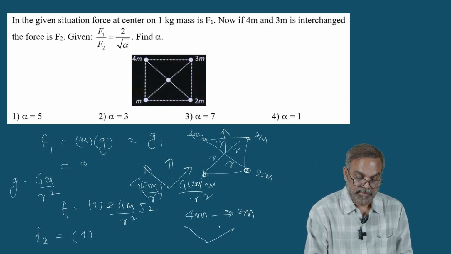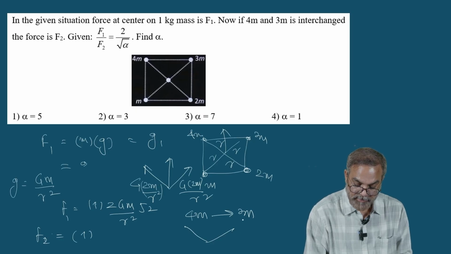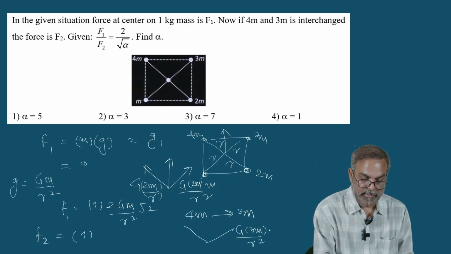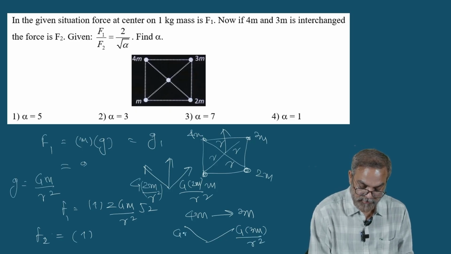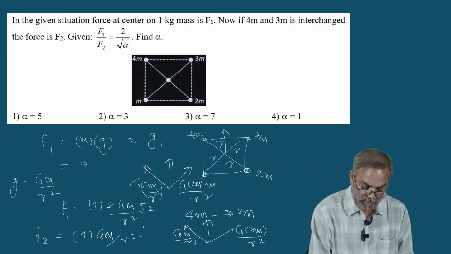This becomes the 4m, so the difference will be 3, so it will be G3m over r square, and here the difference will be 1, so it will be Gm over r square. Again the resultant is this one, and I can see that the resultant will be Gm over r square times root 10, right students?